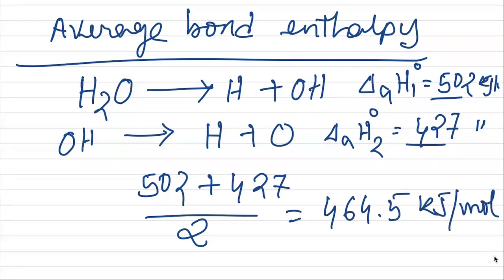So that means 464.5 kilojoule per mole will be required to break down one water molecule. When we are considering a molecule where 2 or 3 different atoms are bonded together, at that time we have to use average bond enthalpy. Clear?